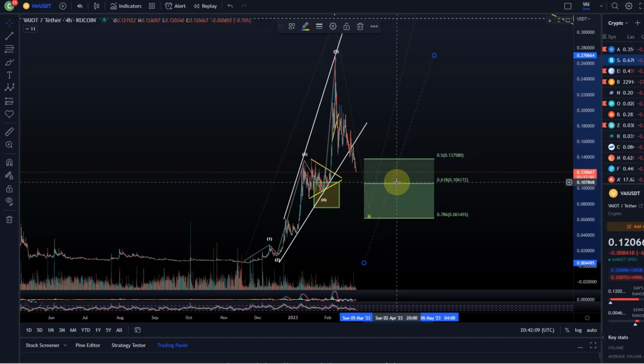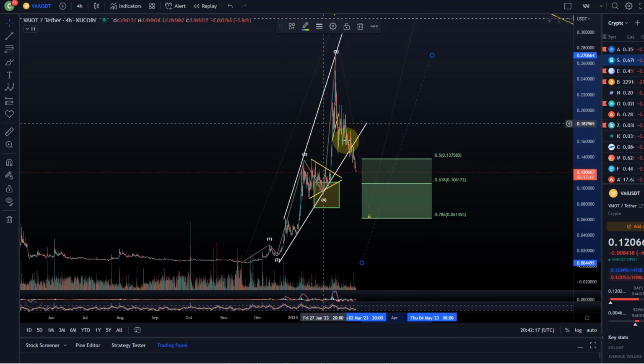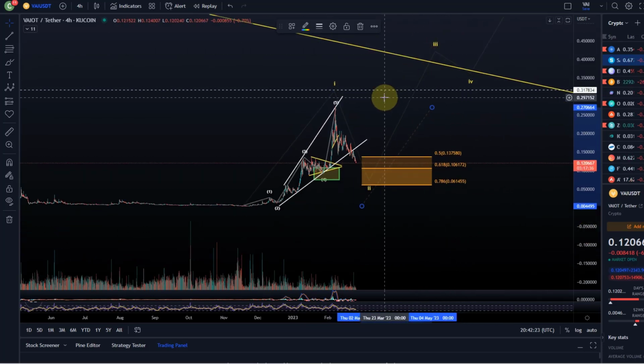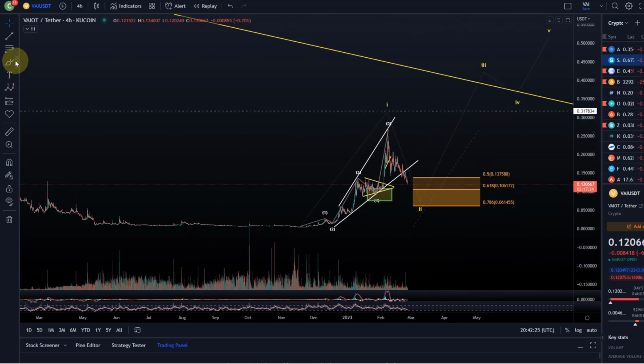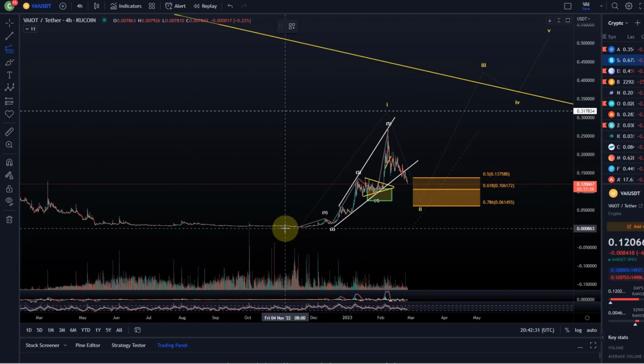Now what I'm going to do here is change the color of it to orange because I want to highlight this is actually one of the more risky ones. It could turn around here in a wave 3, absolutely, and could then, when it finds support here in a wave 2, rally in the third wave, and this is just a guideline target now.